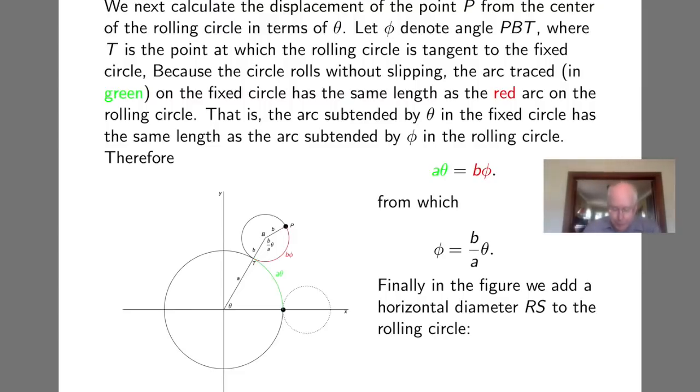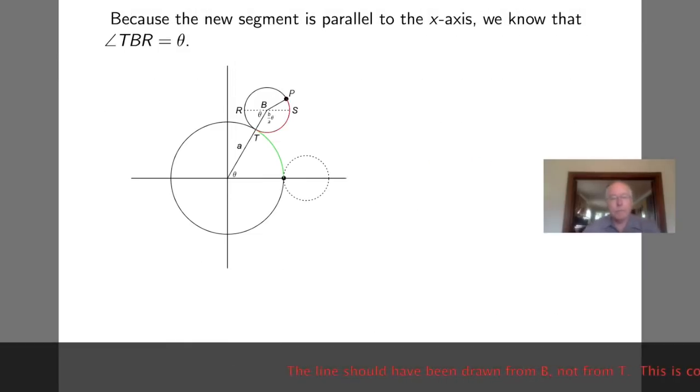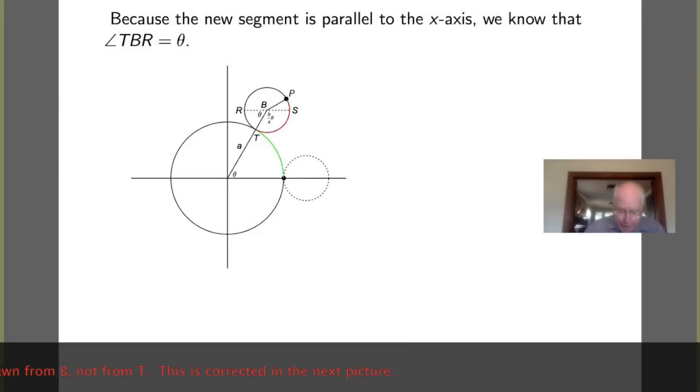Now finally in the figure, we're going to add a horizontal line right here from the point T. So we see that here. And of course, once we add that horizontal segment, we can see that the angle between segment RB and the radial line out here is given by theta.